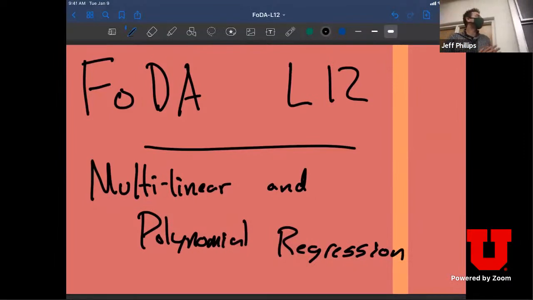Today we're going to talk about multiple linear regression, when you have multiple explanatory variables, and we're also going to see polynomial regression. We talked about linear algebra for 3 lectures, and I said this is going to be important as the language we use to describe algorithms within FoDA analysis.